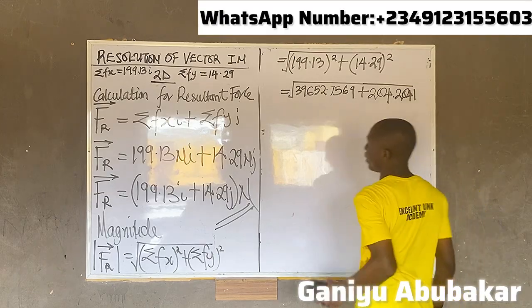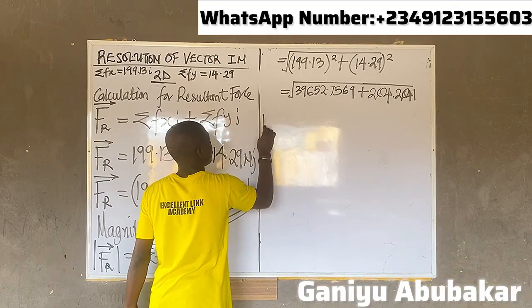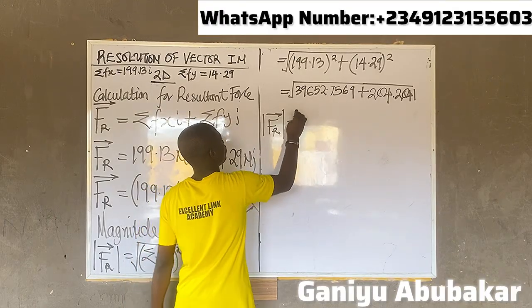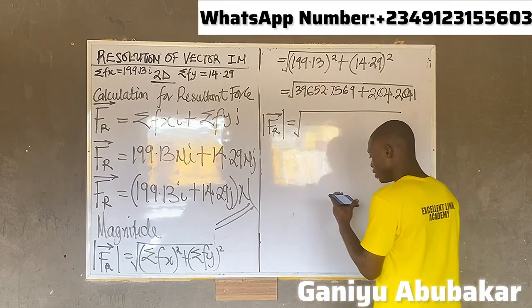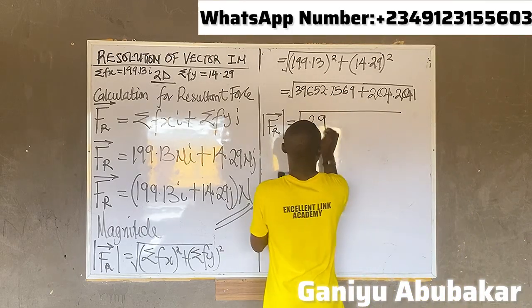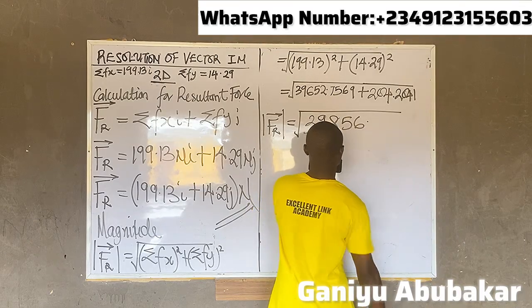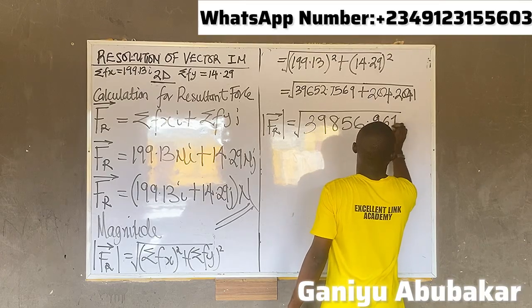Add this together, I'll have that the magnitude of resultant force will be equal to the square root of, add these two values, that is about 39856.961.